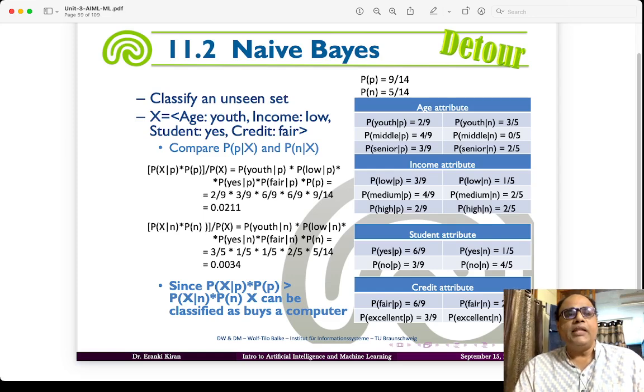So we classify an unseen set. For example, if X is age youth, income is low, student is yes, and credit is fair.